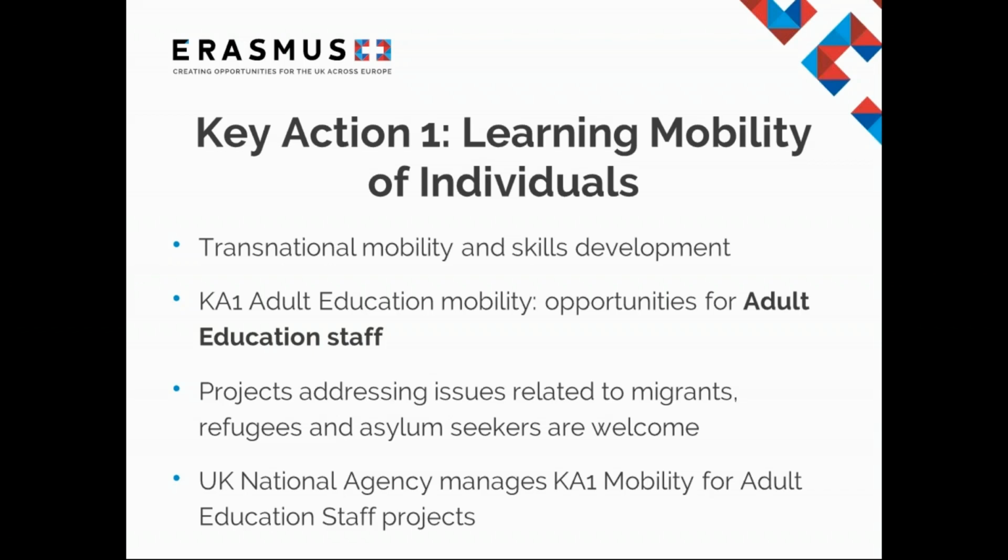Key Action 1 Mobility for Adult Education Staff is managed by the UK National Agency team at eCourse UK. The team promotes the call for proposals, selects successful projects, and monitors them throughout their life cycle.